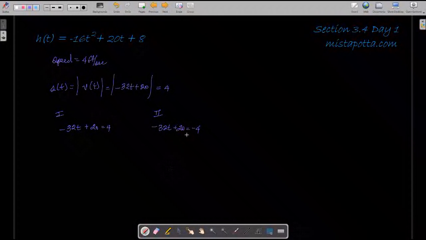And so I really have two different equations to solve. This is the solution that we just did, where t equals 1/2 of a second. But in this situation, when I solve, I have negative 32t equals negative 24. And so t ends up being 3/4 of a second.